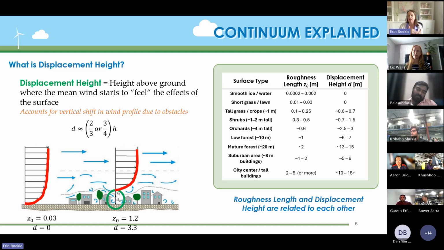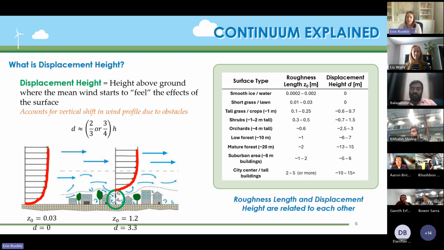You're going to have a lot lower roughness length and a lot lower displacement height the smoother the surface, because the surface isn't impacting the wind flow much at all right at that surface level. But if you have a lot of variation of the surface, texture on the surface, as well as a lot of obstacles on top of that, you're going to have a very large roughness length and a large displacement height.